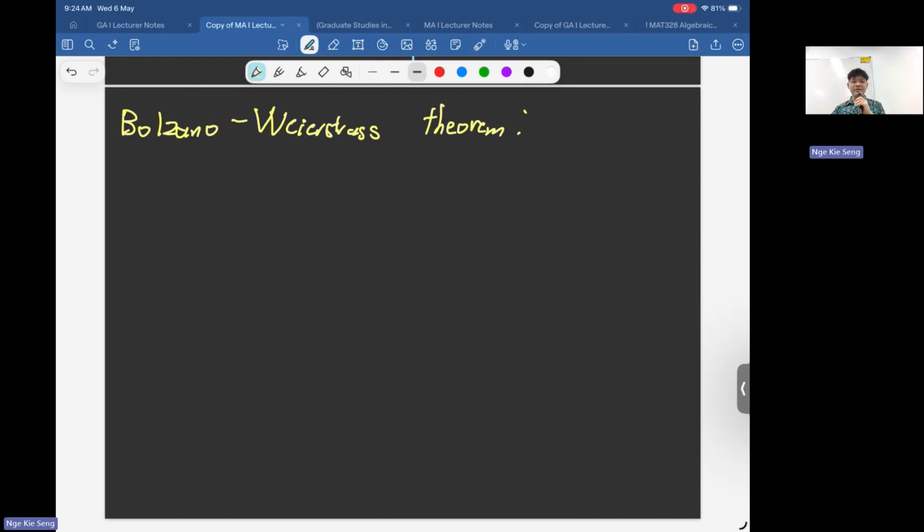Okay, one more detail missing. It's not always true, but there's one more detail you need. You cannot simply take a sequence, but that sequence has to be living somewhere.